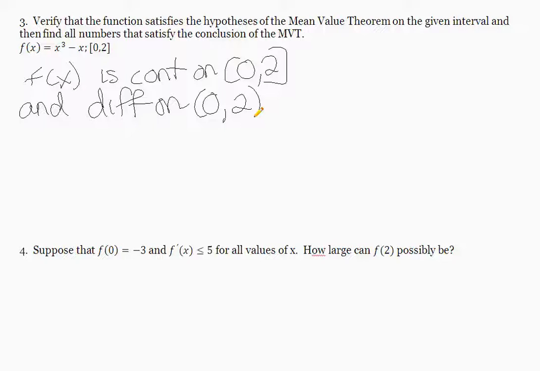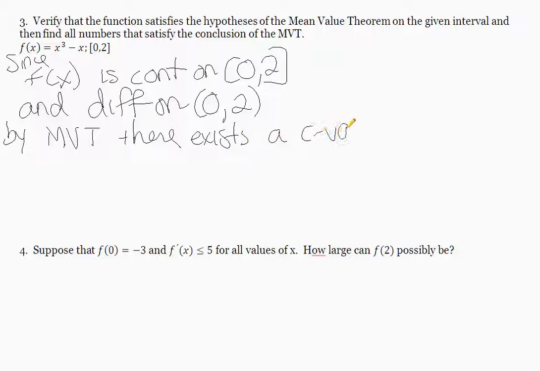Okay, so since this is true by the mean value theorem, there exists a c value such that f prime of c, the derivative at c, is going to equal what?